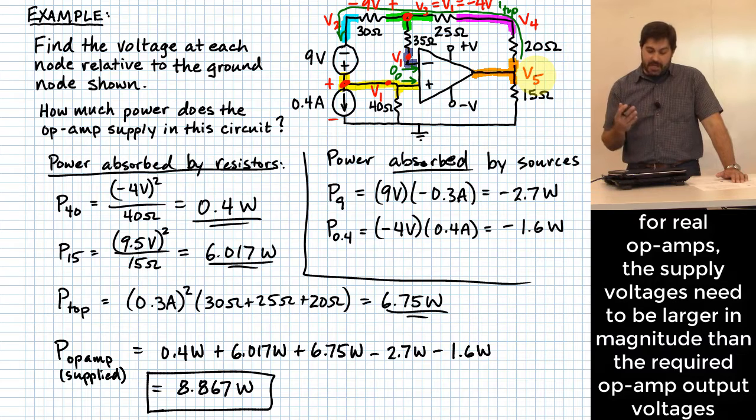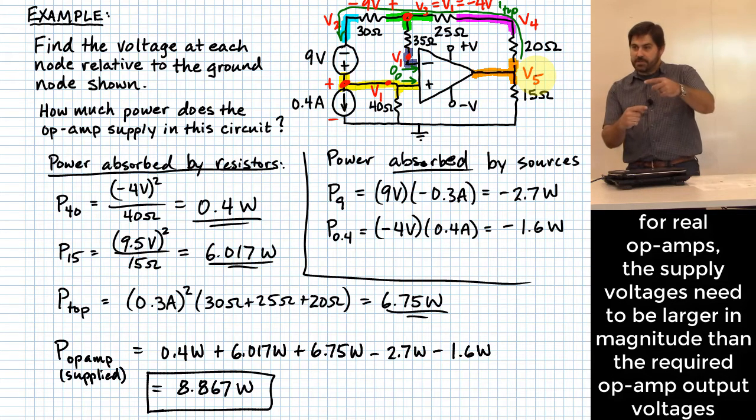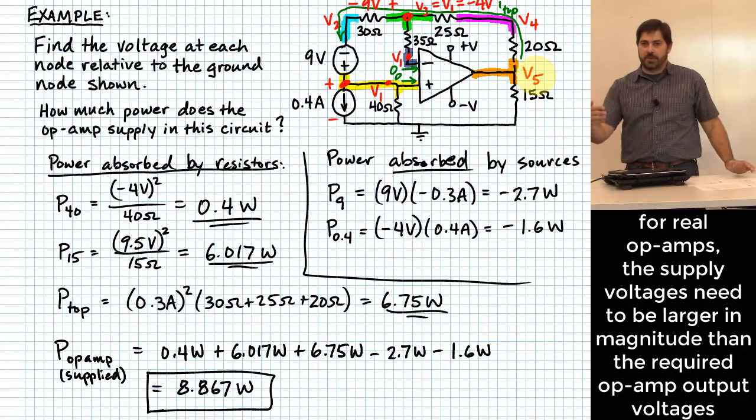So that's more of a practical point, that if you are trying to implement an op amp circuit, it's important for you to have rail voltages that bound whatever your output might be of the op amp. Technically, you actually have to get a little bit beyond that level for real op amps. They usually have a hard time going all the way to the rail voltage.